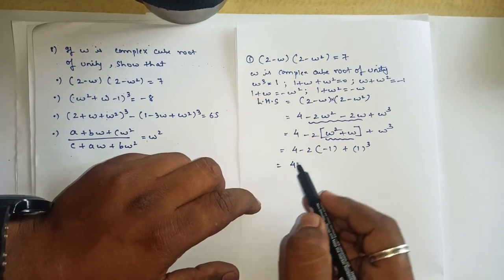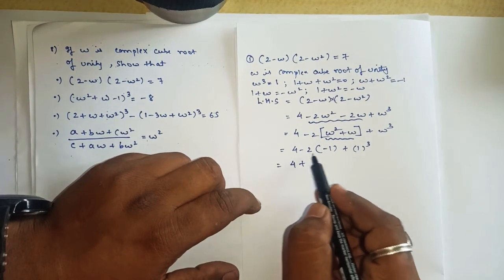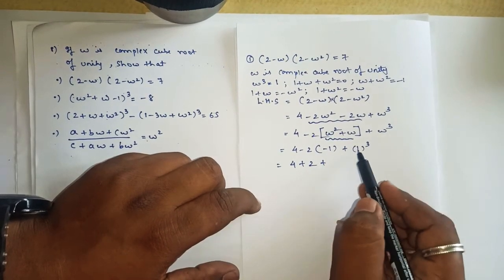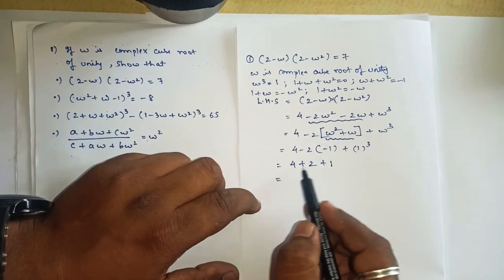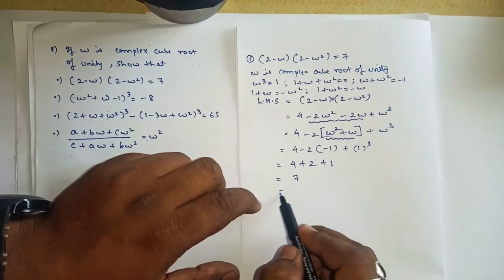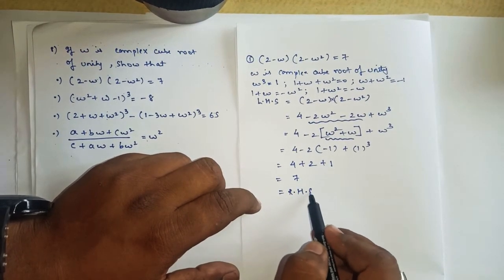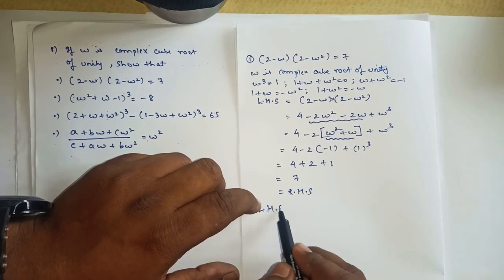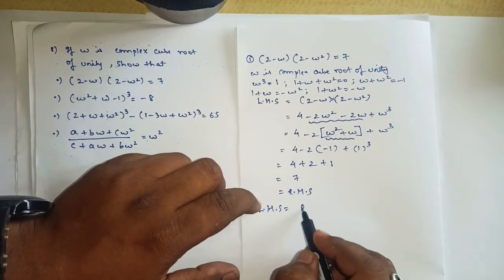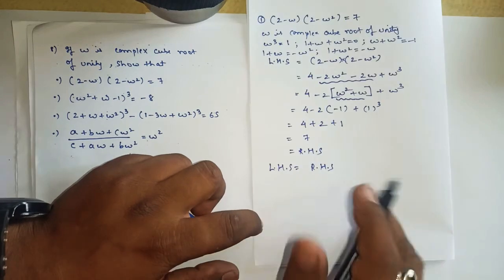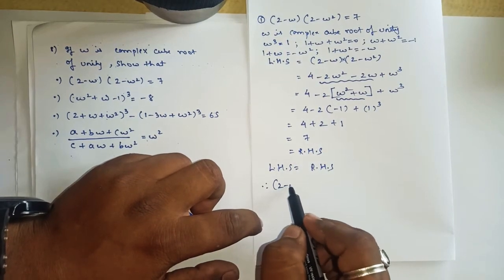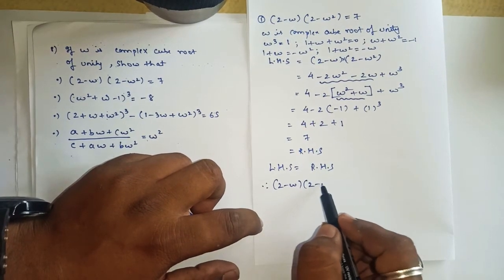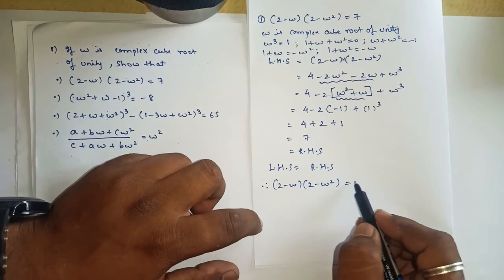So this is 4 minus minus plus 2 ones are 2, 1 cube is what? 1. So 4 5 6 7. So here we got the right hand side part. So we took the left hand side to get the right hand side. So your left hand side it was 2 minus w, 2 minus w square, which is equals to what? 7.